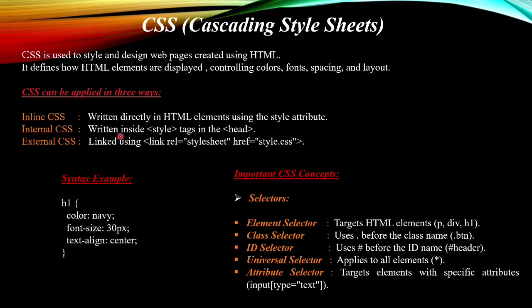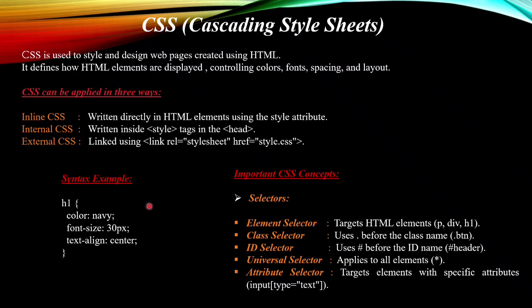Internal CSS is written inside style tags in the head. External CSS is linked using a link tag, and it is written in a separate CSS file, which afterwards is linked to the current file being displayed on the web.